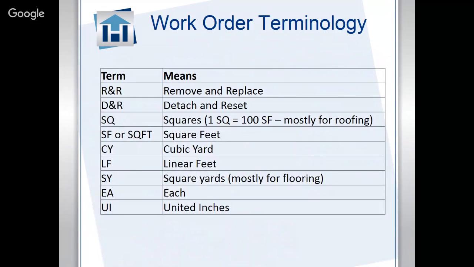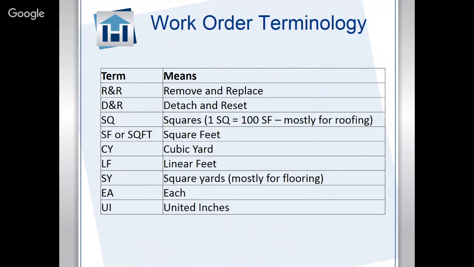All right, so the last thing in this presentation is to cover work order terminology. So here are some terms that you may see in work orders as they come to you. R&R, a lot of people know that as being rest and relaxation. In terms of a work order, what R&R means is to remove and replace. As an example, with carpet, we may have to remove the carpet and replace it.